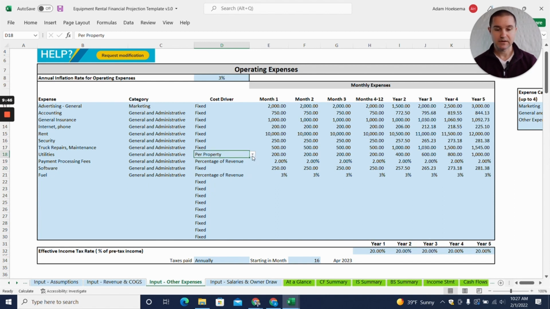So maybe for your dump trucks, for example, that would count as one type of property. And so if you had specific expenses that were associated with just one type of property, you could put that in here.